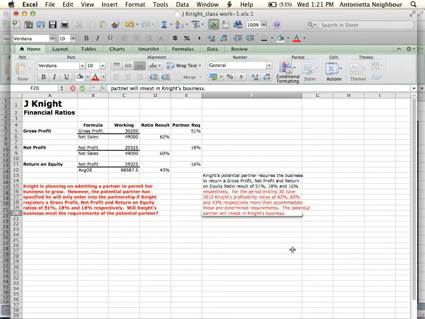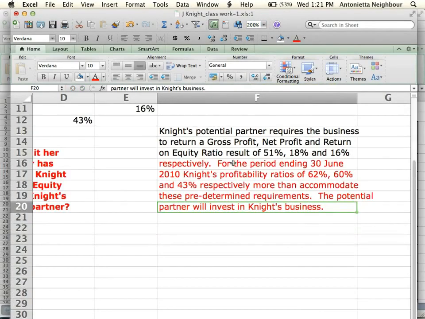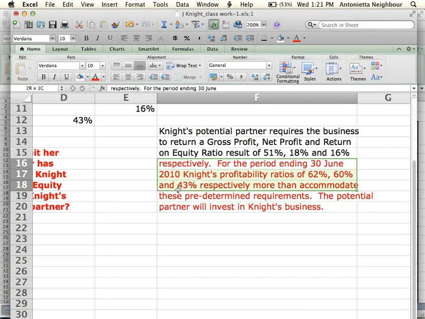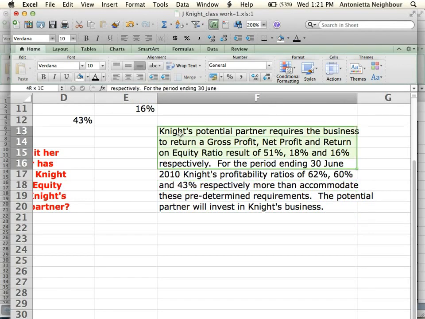So there's basically 3 sections to this response that you've got to provide. And the sections are: identify, first of all, what it is the owner has to achieve. And that's it there. So what does this owner have to achieve?